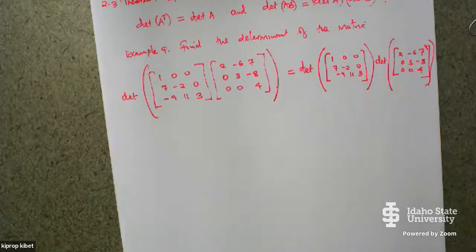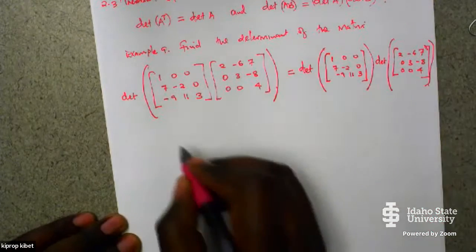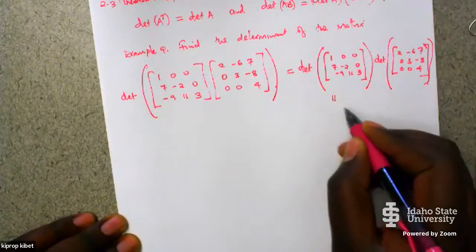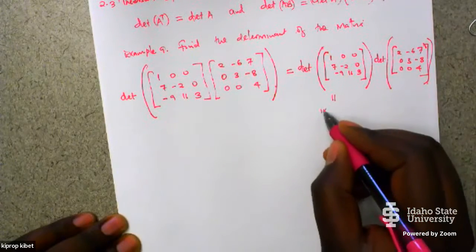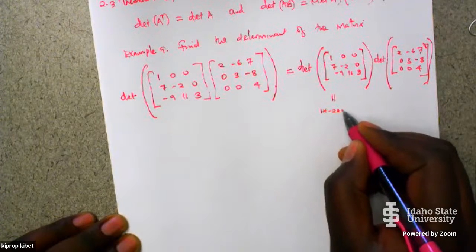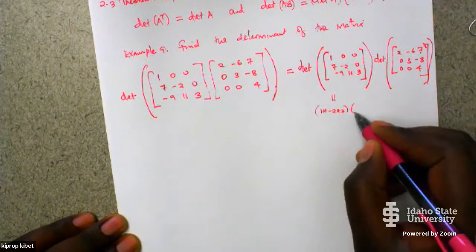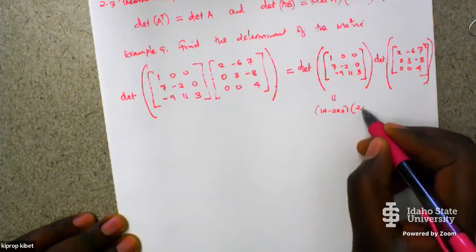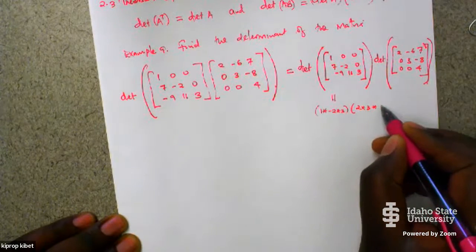Since the two matrices are lower triangular and upper triangular, you can just multiply the main diagonals. So the determinant here is equal to 1 multiplied by -2 multiplied by 3, and then multiplied by 2 multiplied by 3 multiplied by 4.